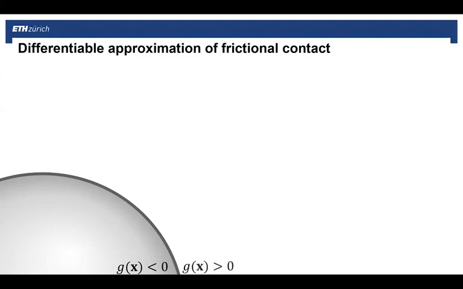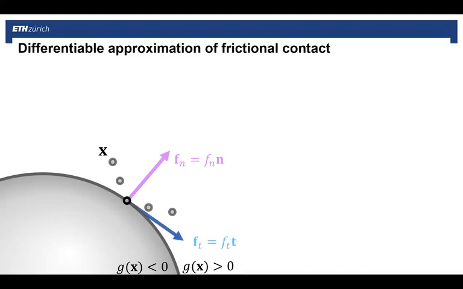So if we have a mass point that is moving through space and it collides with this object, then the way in which it bounces off is governed by contact and friction forces. The contact forces will be acting in a direction that's normal to the surface at the point of impact. And so these are the normal forces, and the friction forces will act orthogonally to this force. So basically they'll be in the tangent direction.